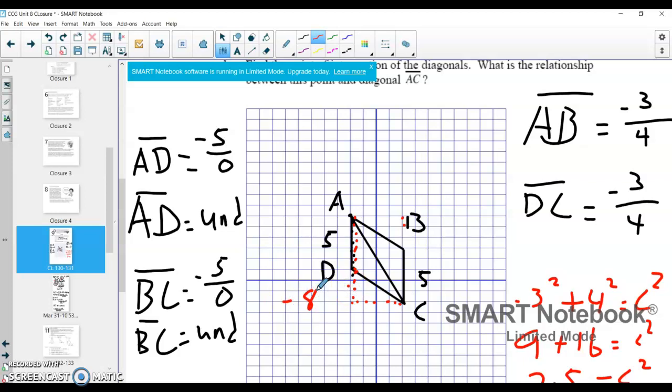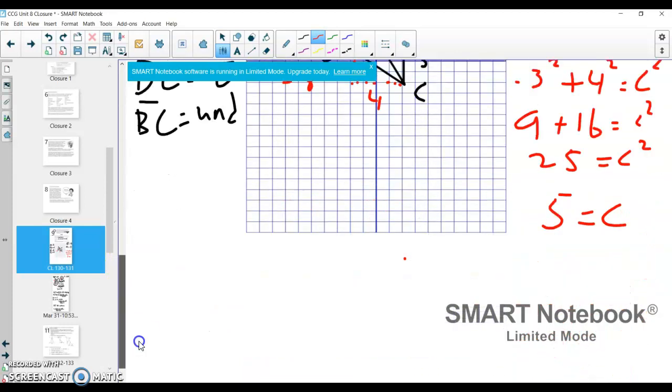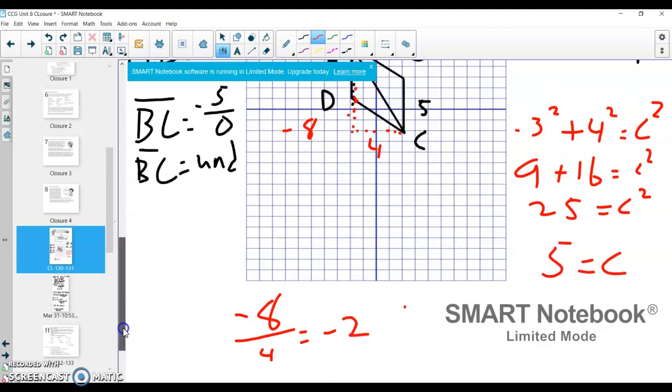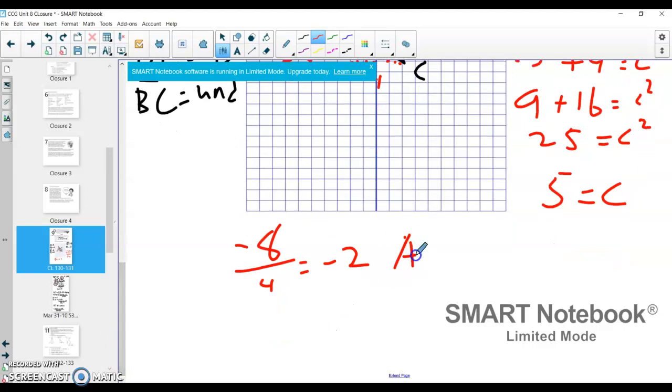And it looks like it goes over 1, 2, 3, 4. Which gives me a rise over a run, I'm going to keep it in red, of -8 over 4, which reduces down to -2. So AC has a slope of -2.